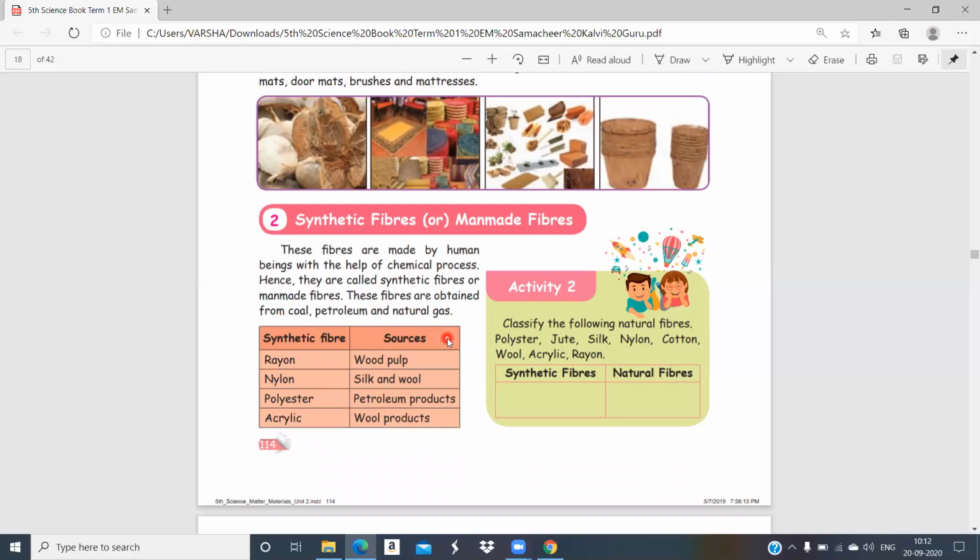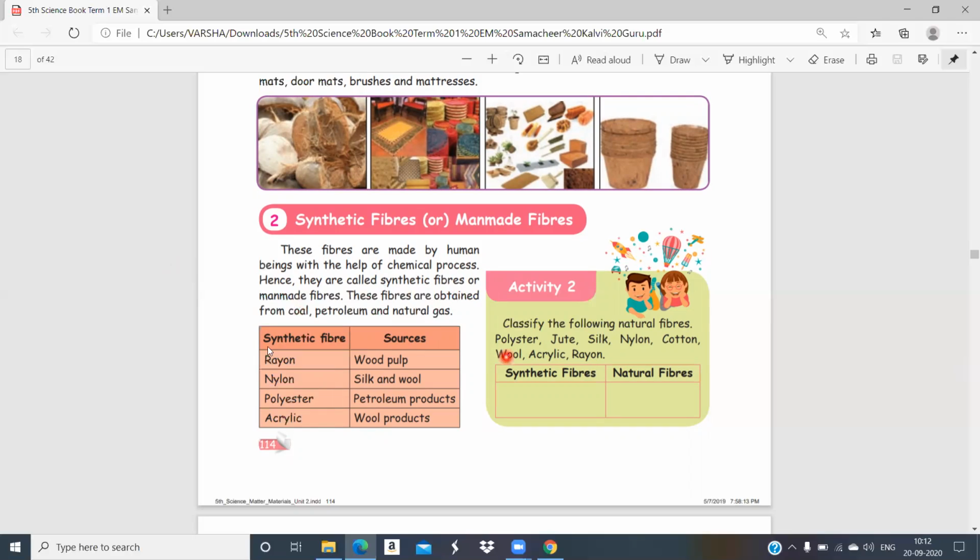And synthetic fibers, which are also known as man-made fibers. These fibers are made by human beings with the help of a chemical process. Hence, they are called synthetic fibers or man-made fibers.